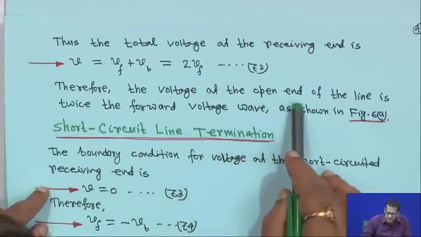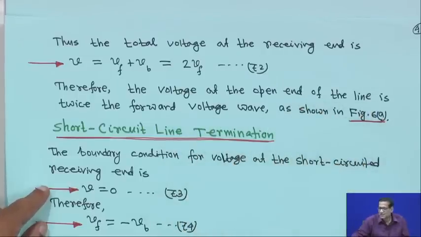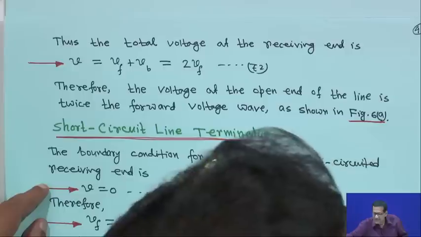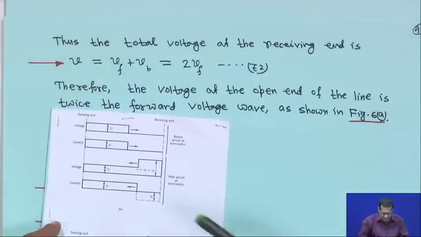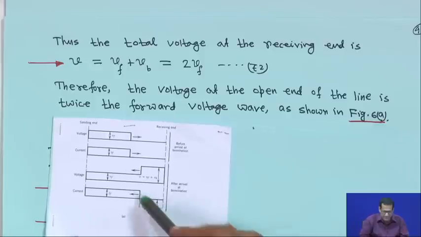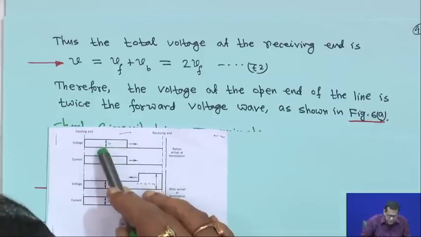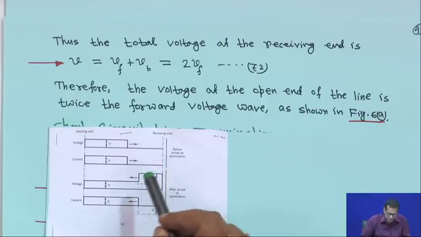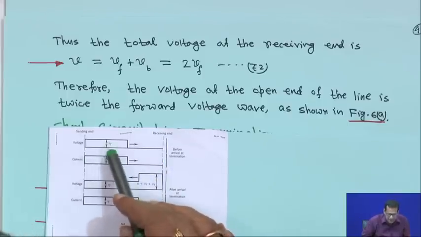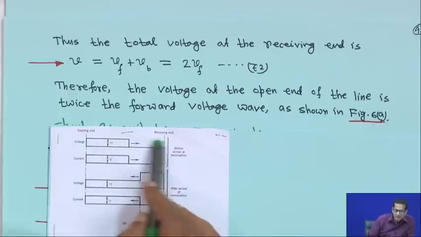Therefore, the voltage at the open end of the line is twice the forward voltage wave, as seen in figure 6a. Look at this figure, the open circuit condition. Here the line is open circuited, and the forward wave is moving from left to right.